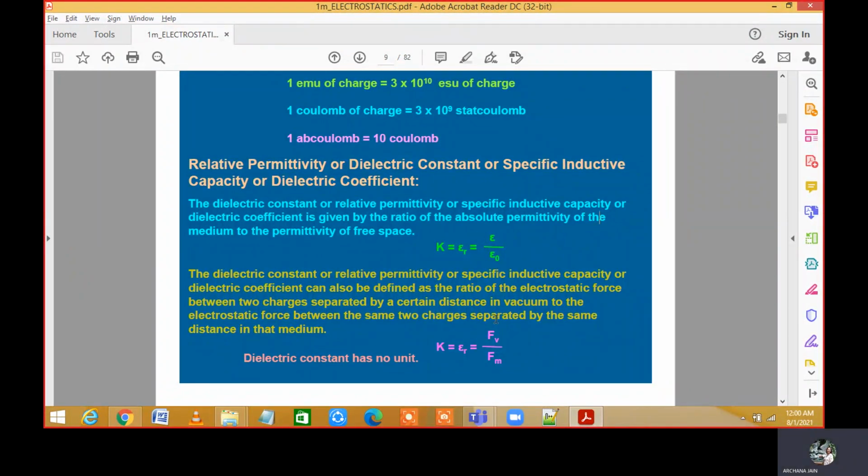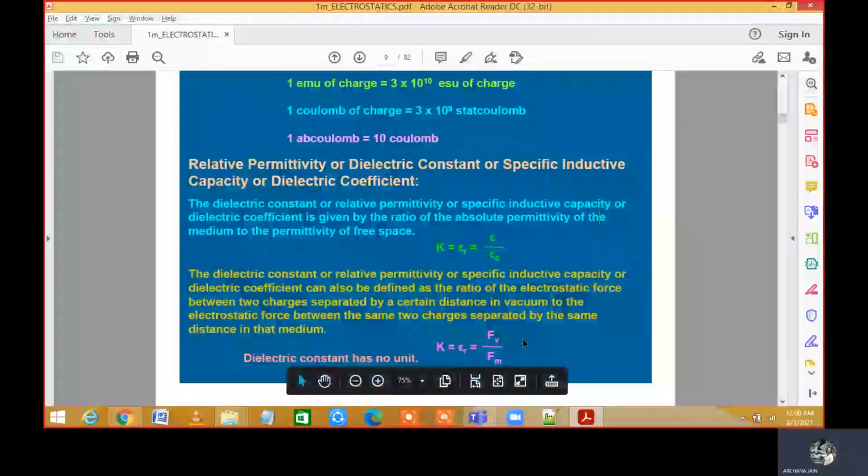That's why we have written that it is inversely proportional. When you take the ratio, you substitute the value of FV and the value of FM. Everything will be cancelled out, and again you get the same answer, that is epsilon upon epsilon naught.